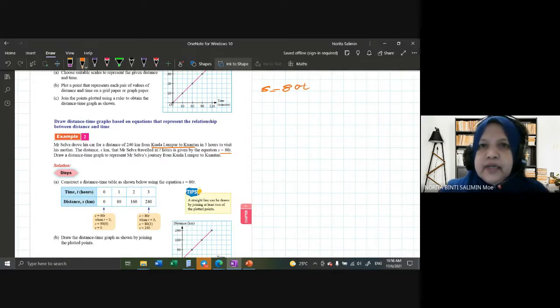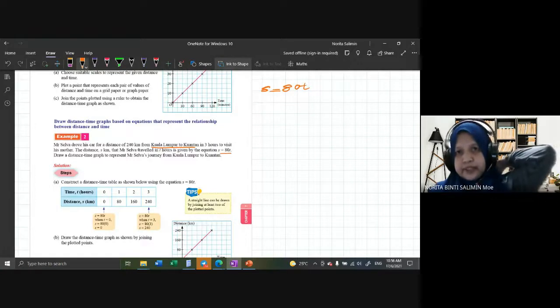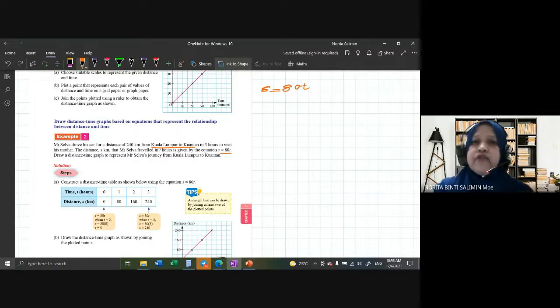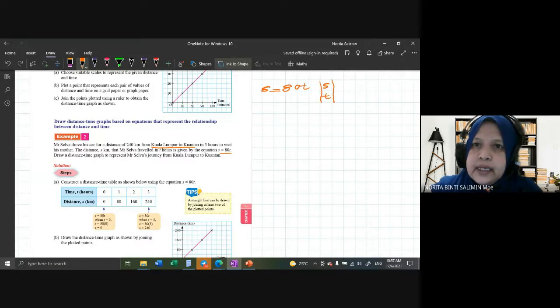Draw a distance-time graph. Bila dia beri persamaan macam ni, when he gives an equation like this, we have to substitute the value for S and T. Let's say this is S, this is T, same like we did last class.